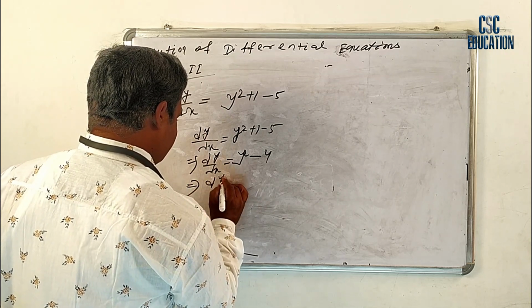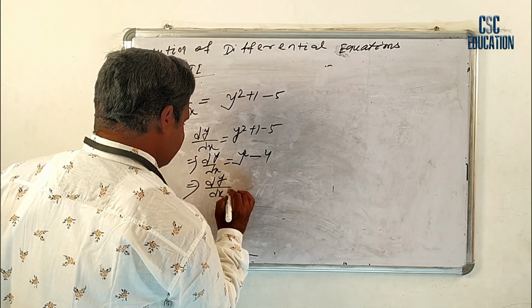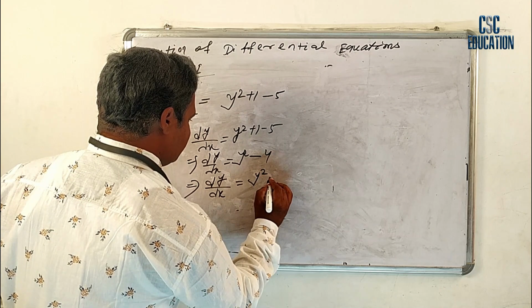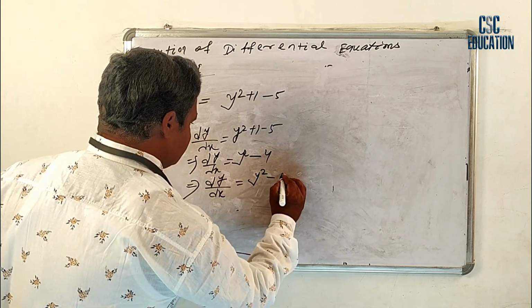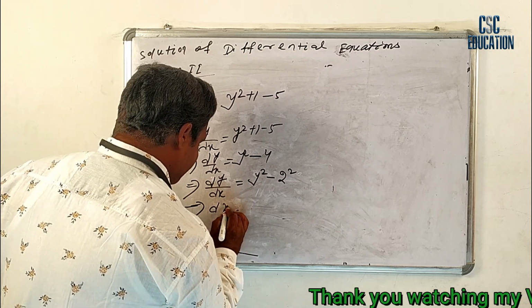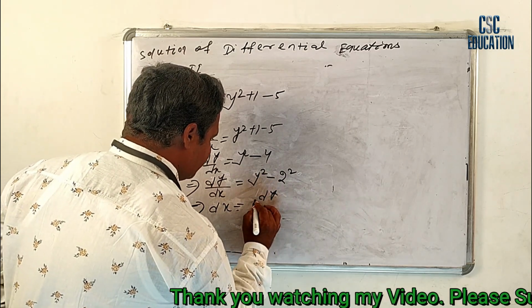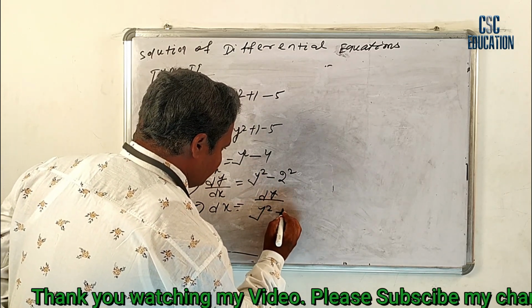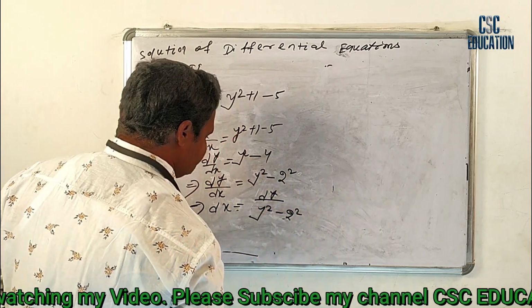Now dy by dx equals y square minus 2 square. This implies dx equals dy by y square minus 2 square.